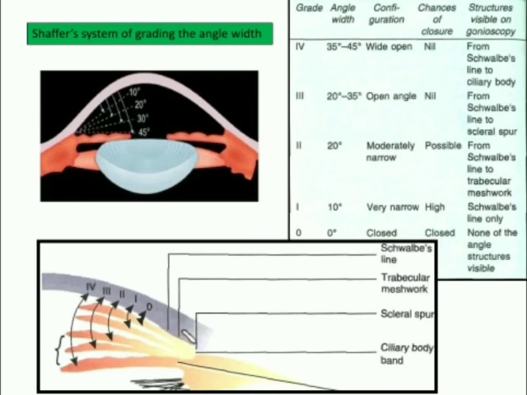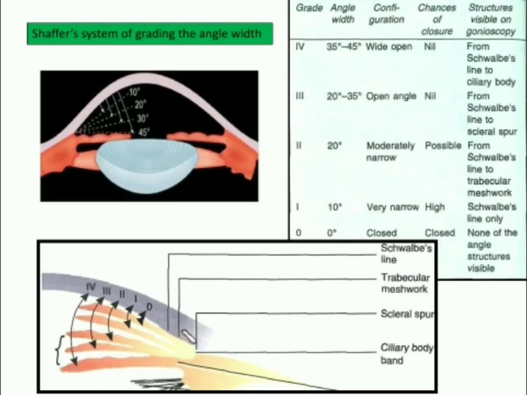Let us have a look at this table, which is called the Schaeffer's grading system for anterior chamber angle width. There are different columns in this table, and the first column is meant for the grade, and we understand that there are grades from 0 to 4.